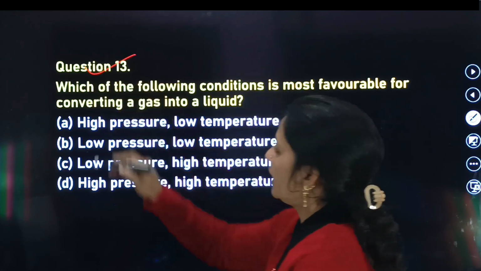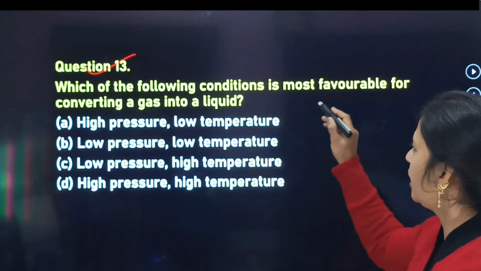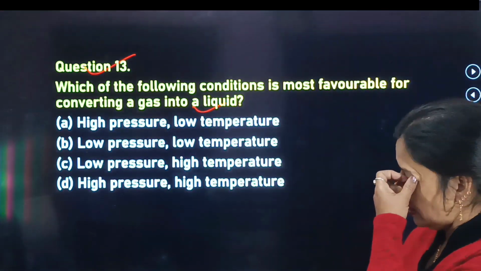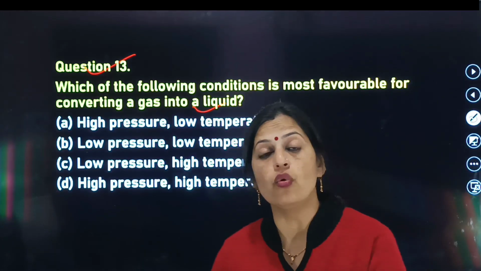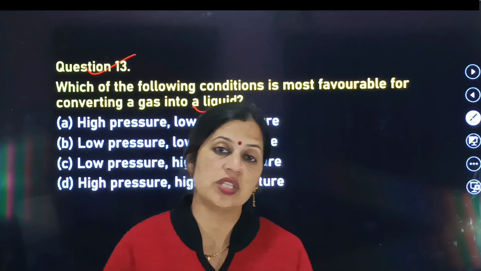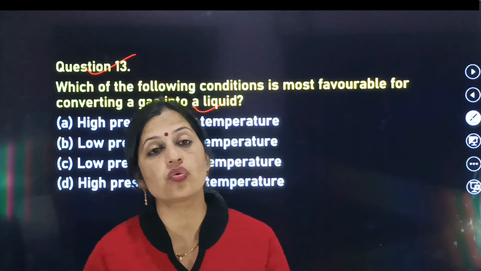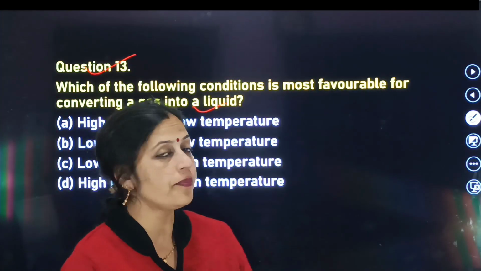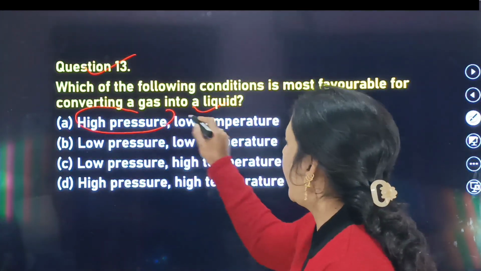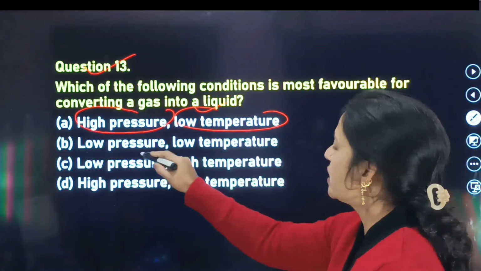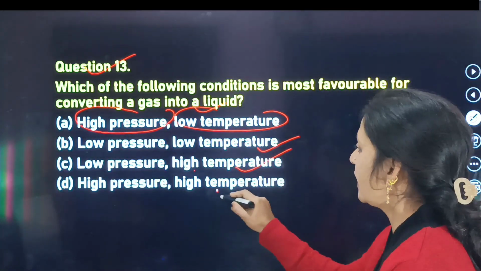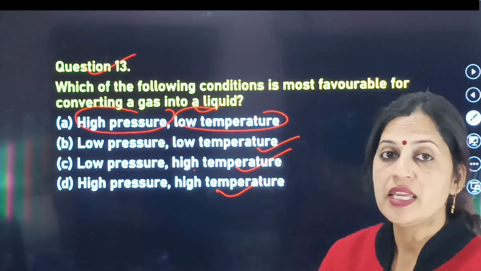Next is your question number 13, and your question number 13 is which of the following conditions is most favorable for converting a gas into a liquid? इनमें से कौन सी ऐसी कंडीशंस हैं जो कि मोस्ट फेवरेबल हैं फॉर कन्वर्टिंग अ गैस इनटू अ लिक्विड? ठीक है, ऑप्शंस हैं हाई प्रेशर एंड लो टेम्परेचर, second one is low pressure low temperature, third one is low pressure high temperature, and the last one is high pressure and high temperature.